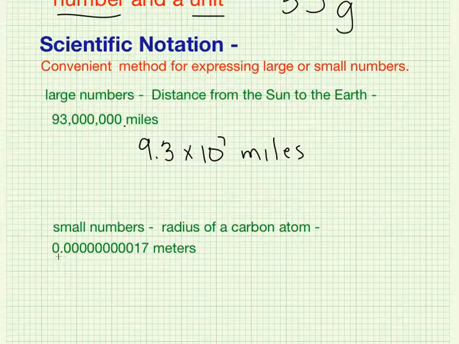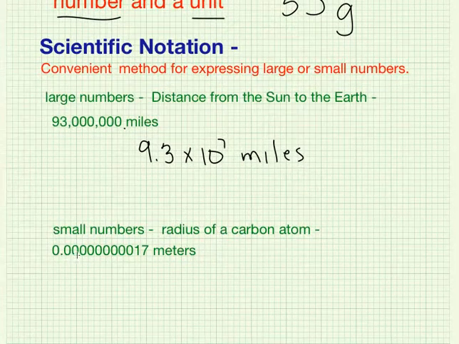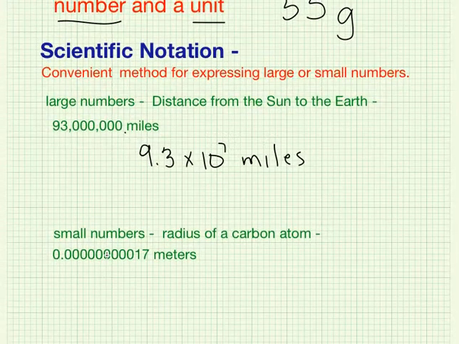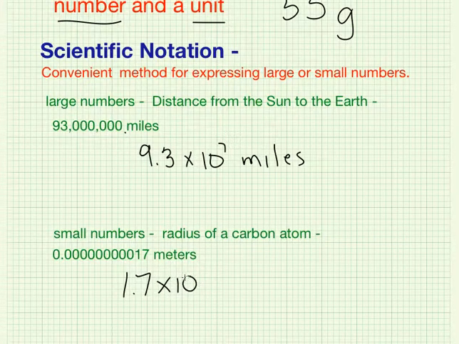If you look at this right here, you'll see we have to go over 1, 2, 3, 4, 5, 6, 7, 8, 9, 10 places. So I have 1.7 times 10. Now I moved the decimal to the right, so that's going to make it really small, and we represent that with a negative sign up there, and I would have times 10 to the negative 10th.